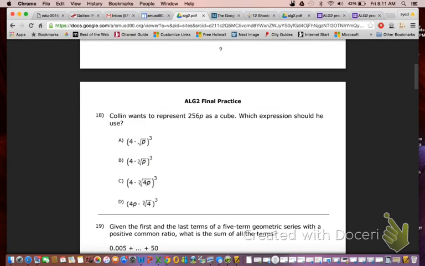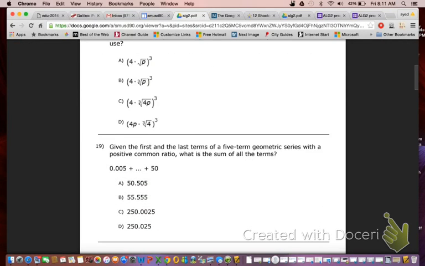Again, this is probably, have we learned this? Not directly, but we have, because you have to remember that a geometric series is defined as you always multiply by the same amount to get to the next term. So this is the first term. The second term would be 0.005x because you're multiplying by the same number.